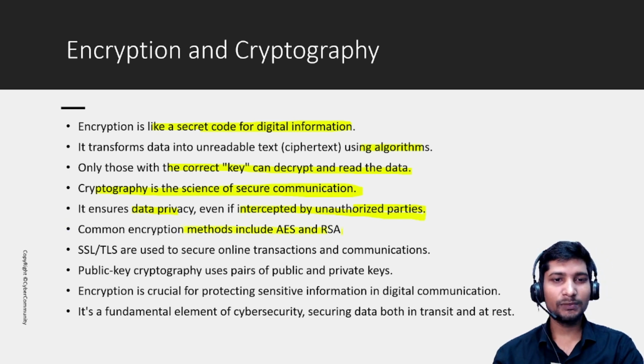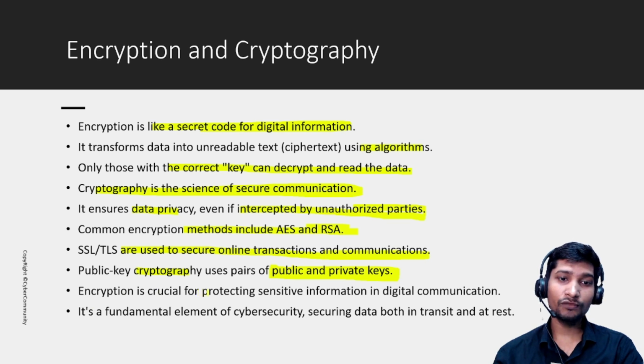Common encryption methods include AES and RSA. RSA is one of the well-known algorithms; you might have heard about it. SSL and TLS are used to secure online transaction communication. That's a very simple concept. You already know that public key cryptography uses pairs of public and private keys. We have talked about public and private keys.